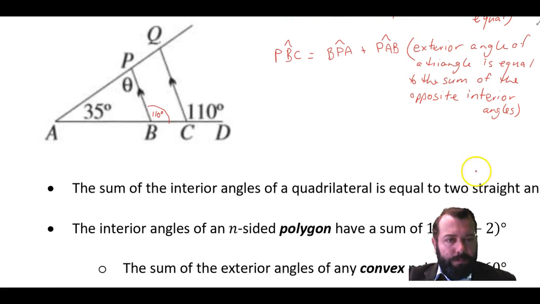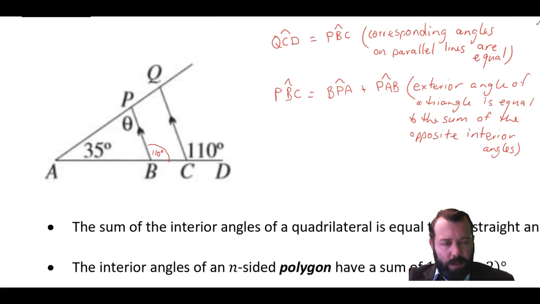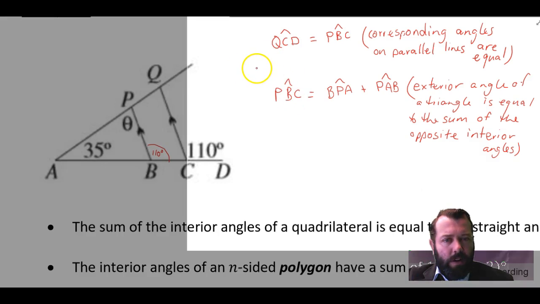Now I'll put a therefore. Actually, I feel like I should have snuck an extra line in here and said, therefore, PBC equals 110 degrees. I think that's a bit neater. Now I'll put a little therefore here as well and say that theta plus 35 equals 110 degrees.